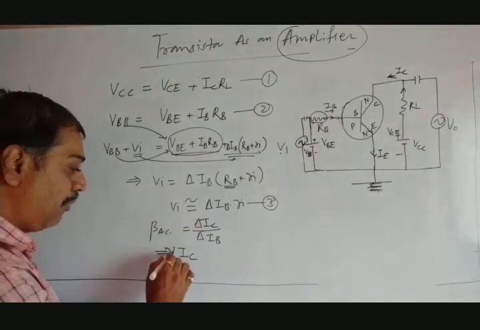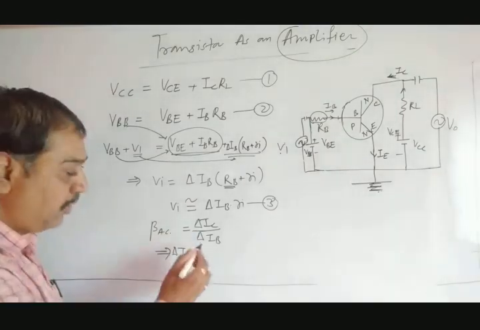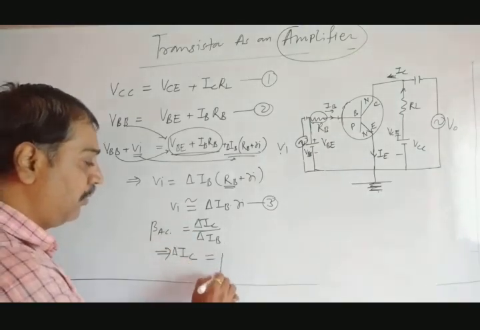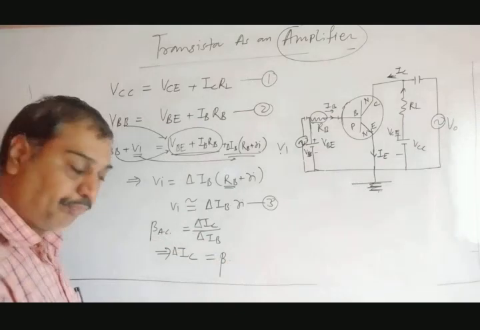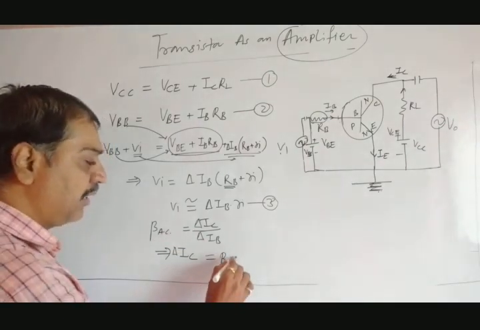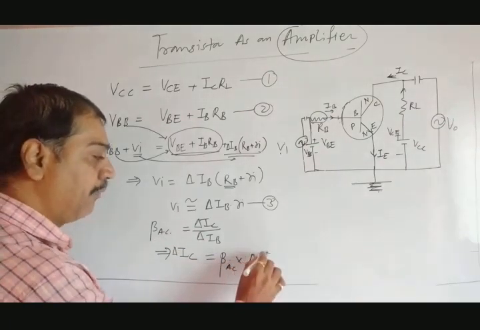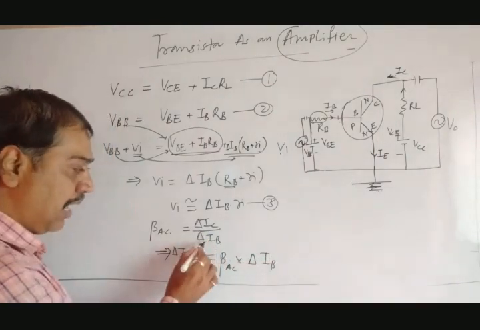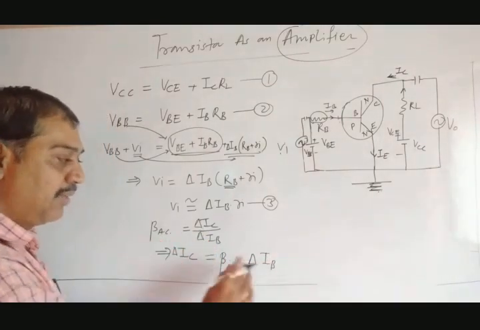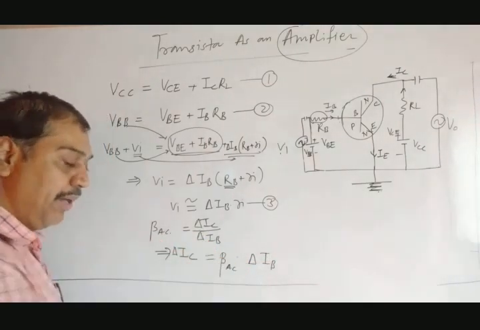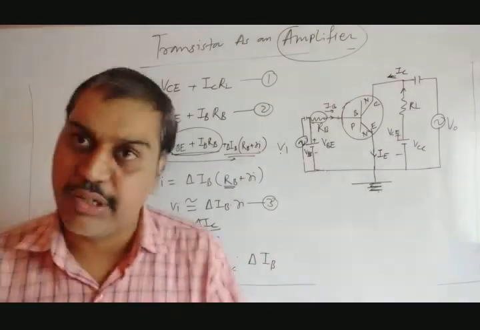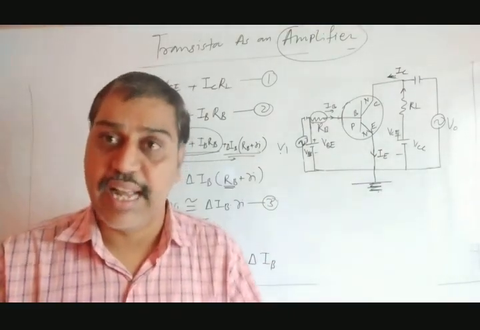Now find out the value of delta IC. Cross multiplying, delta IC equals beta AC into delta IB. We have written this equation here because we want to use it in the next parameter.